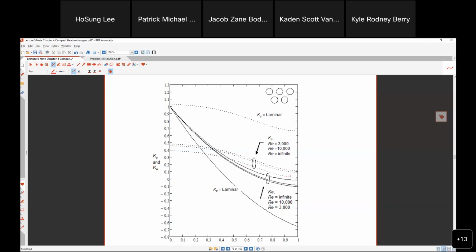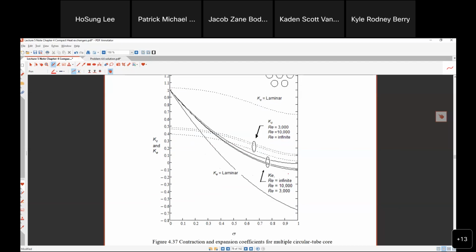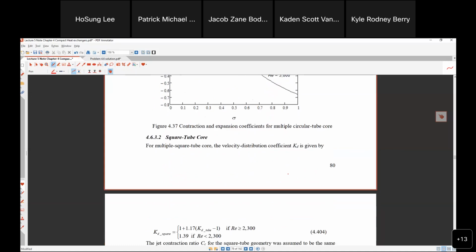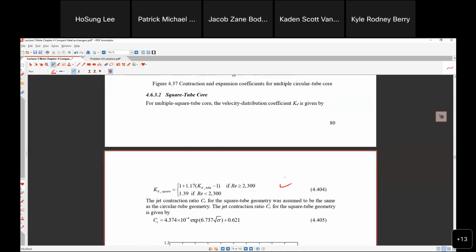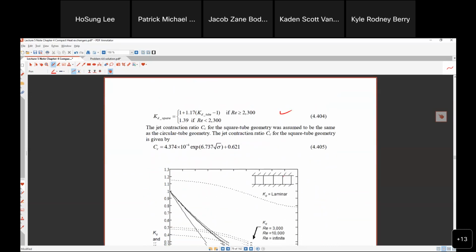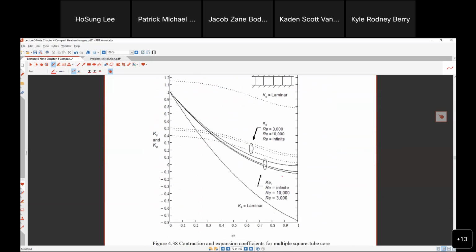So what I did, from the Kays and London graph, was develop an equation. Now we have an equation available. That's the big difference.